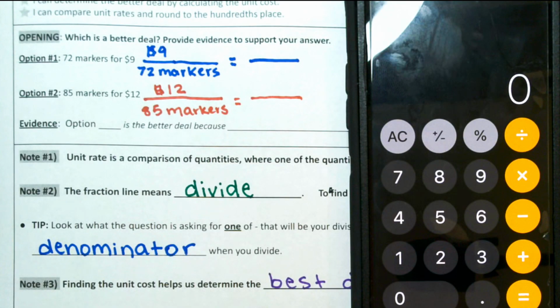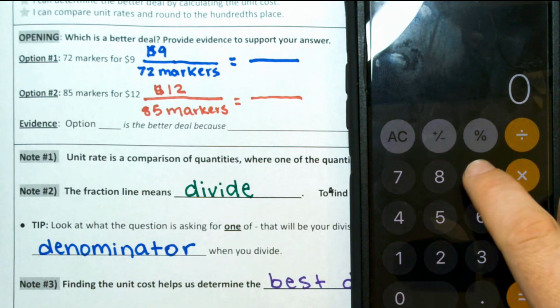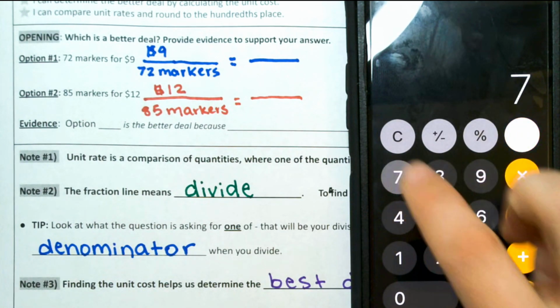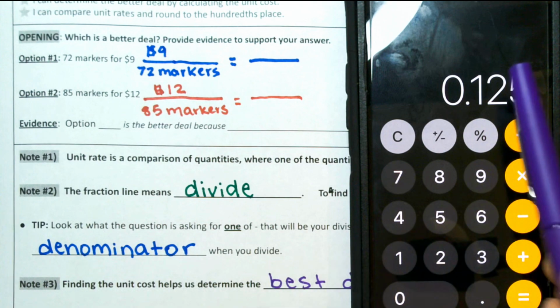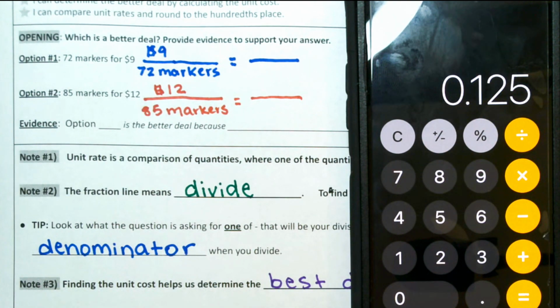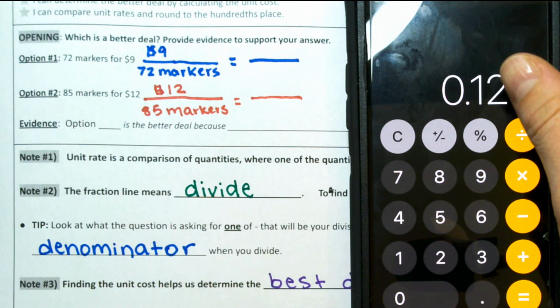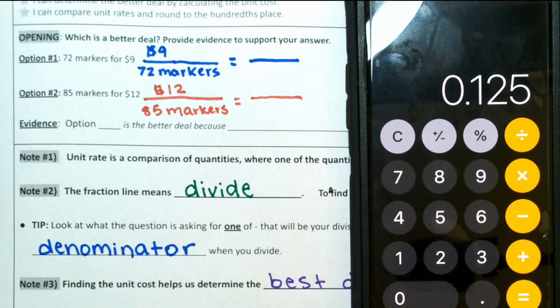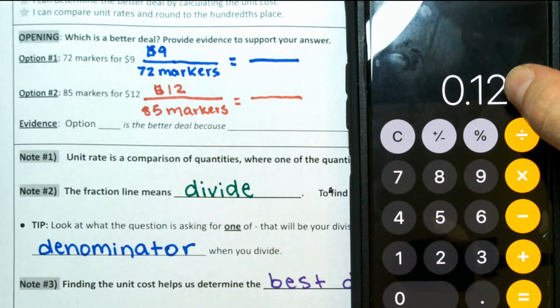So now I'm going to divide to figure out how much it costs per marker. For option 1, I'll do 9 divided by 72, and I got 0.125. Now, we're rounding to the hundredths place, so we only want 2 numbers to the right of our decimal. Because we're rounding, this is either going to stay 12 cents or bump up to 13 cents.